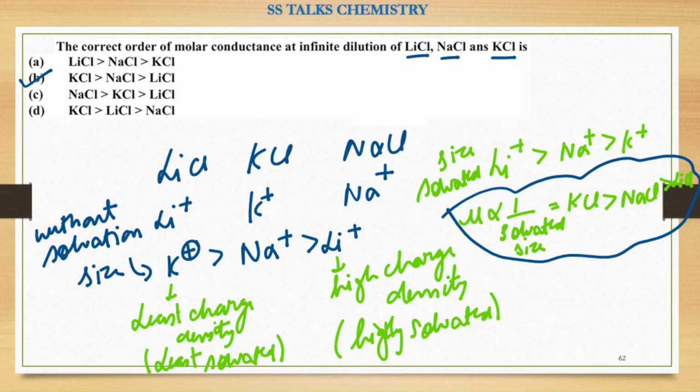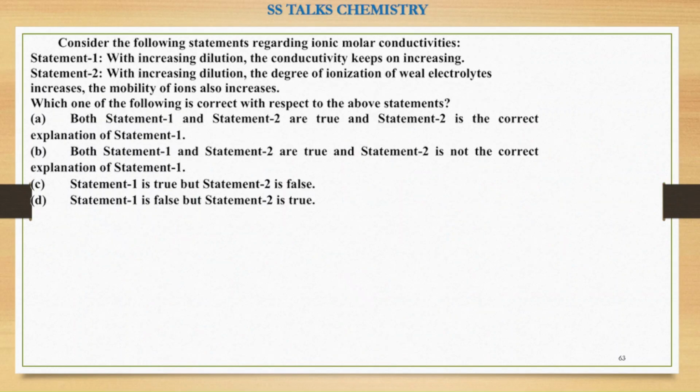Alright, next we have this question. It says which of the following statements regarding the ionic molar conductivities is correct. Statement 1 says with increasing dilution the conductivity keeps on increasing, and statement 2 says with increasing dilution the degree of ionization of weak electrolytes increases and the mobility of the ions also increases.